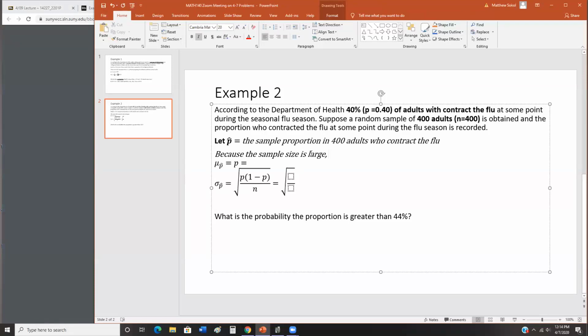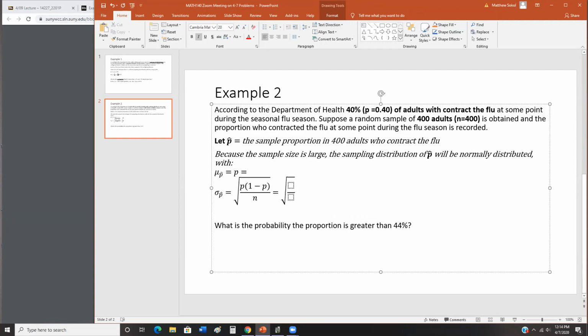All right, so because the sample size is large, the sampling distribution of p hat will be normal, or normally distributed, with, so that's the important part. It's going to follow that bell curve.